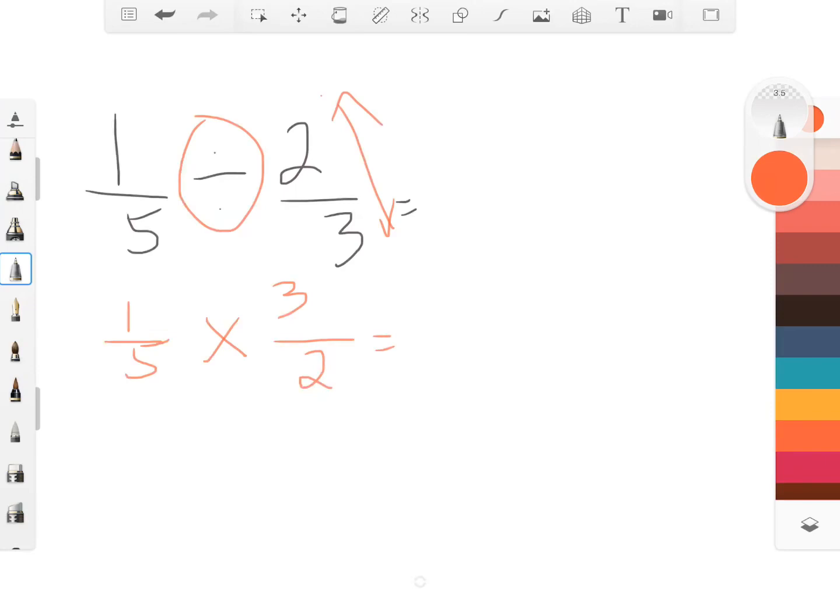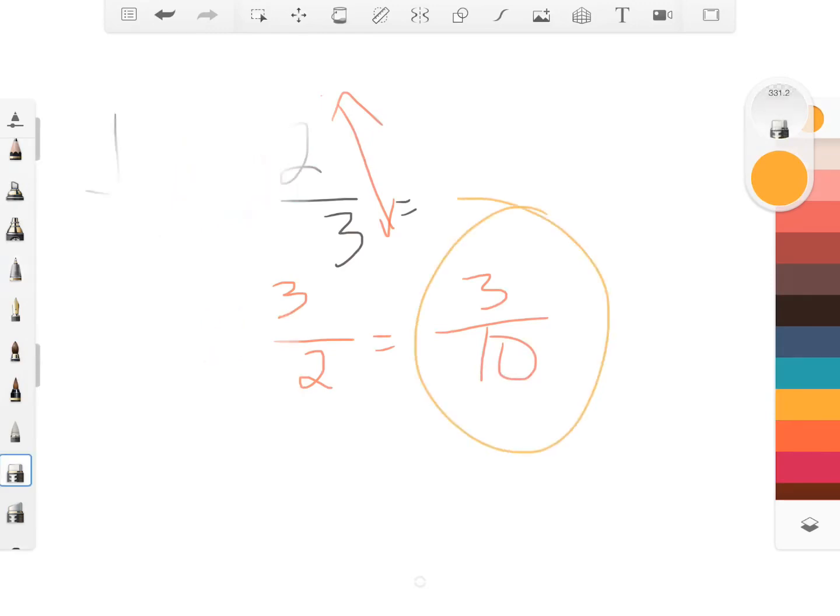Just multiply the numerators and the denominators. So 1 times 3 is 3, and 5 times 2 is 10. And since we cannot divide this anymore and it's a proper fraction, we are sure that our answer is in its final form.